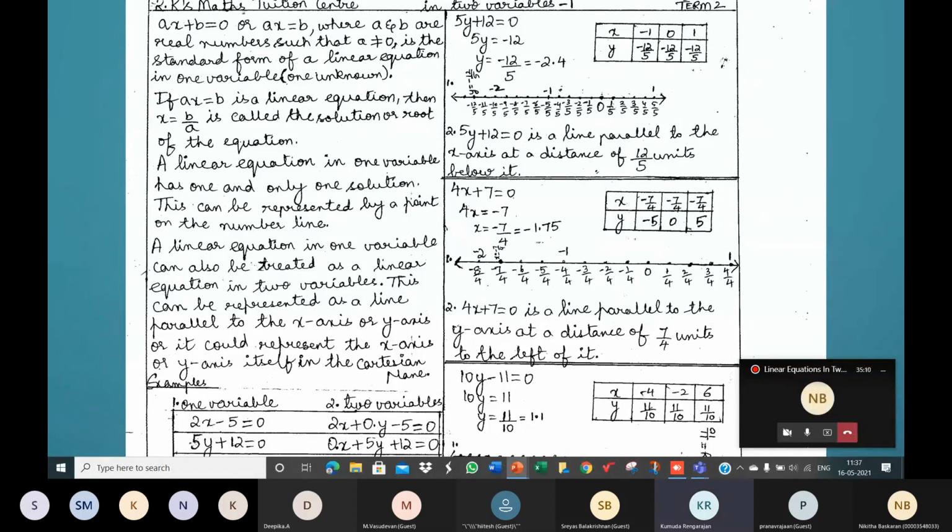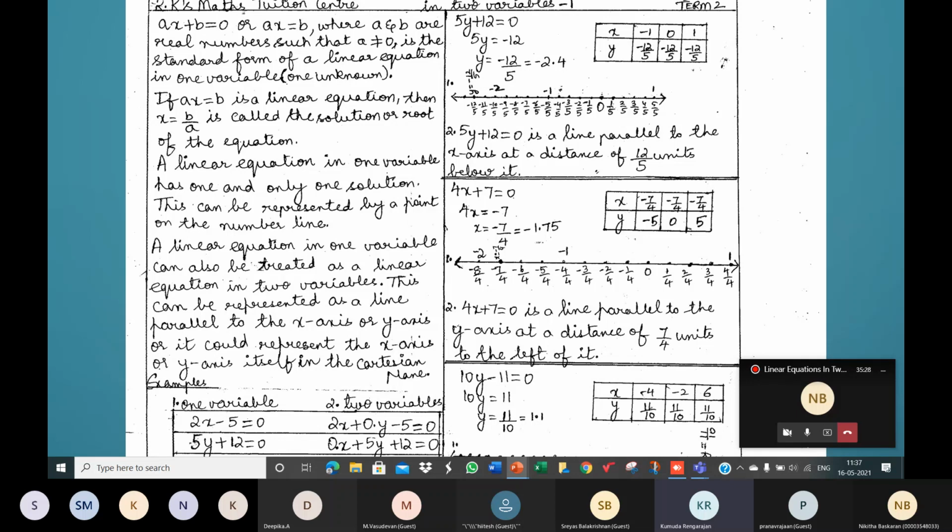I told you the name of the chapter is linear equations in two variables. So the two variables are x and y.